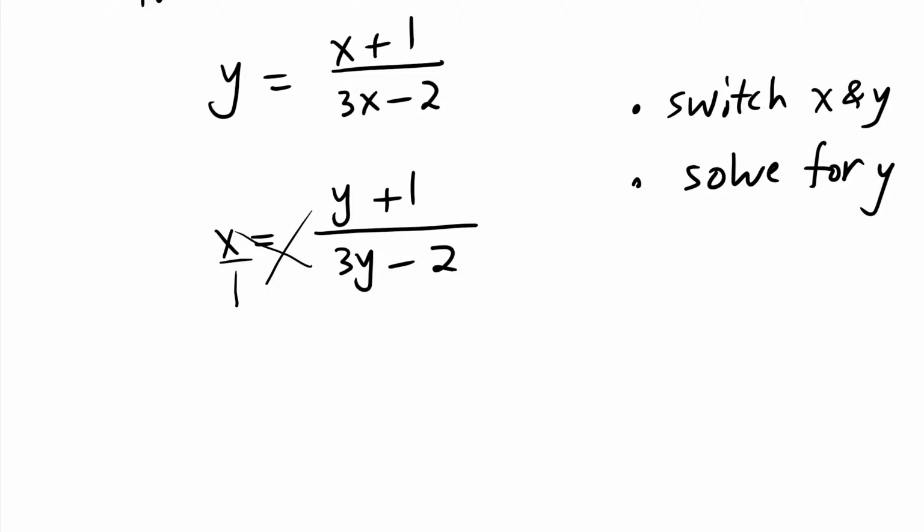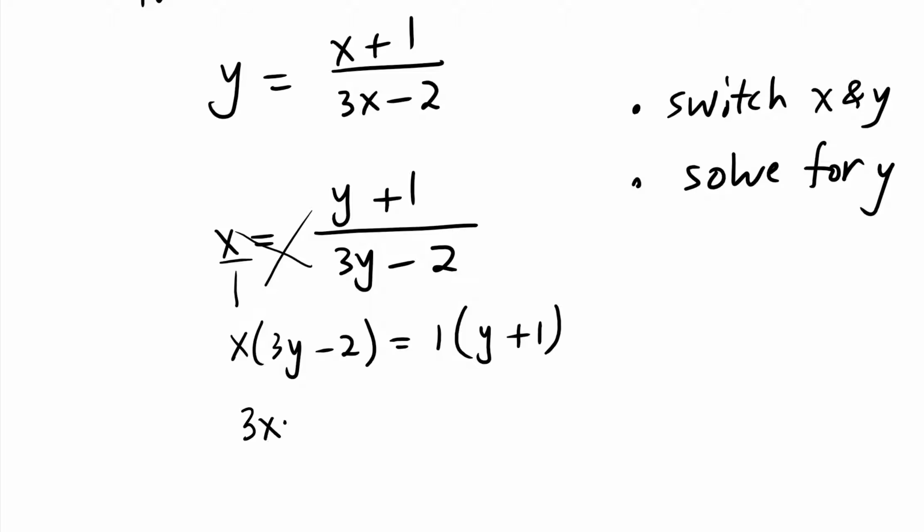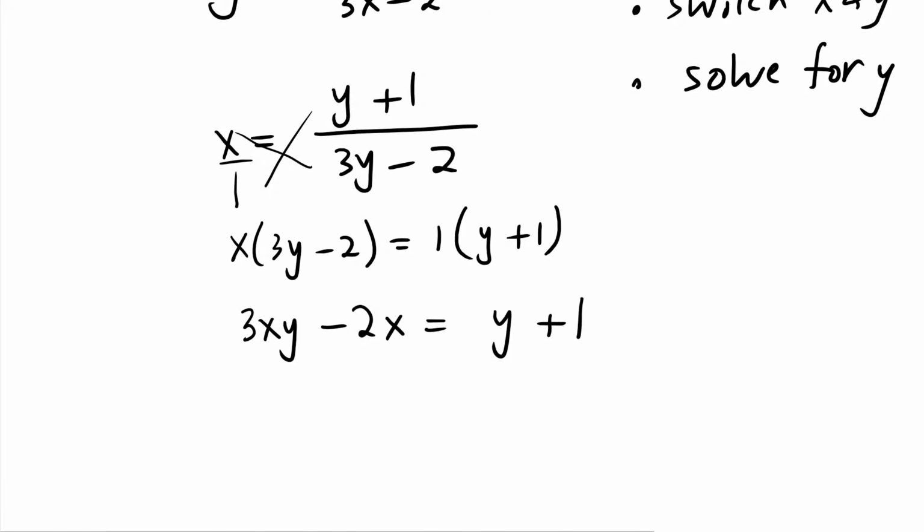We cross multiply. X times 3y minus 2 equals 1 times y plus 1. Distribute the x, 3xy minus 2x equals y plus 1. Then bring the terms with the y on one side, so subtract y on both sides and add 2x on both sides, like that.